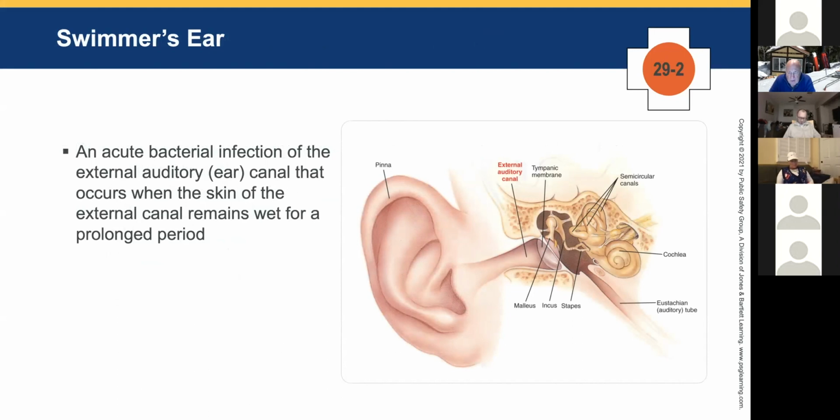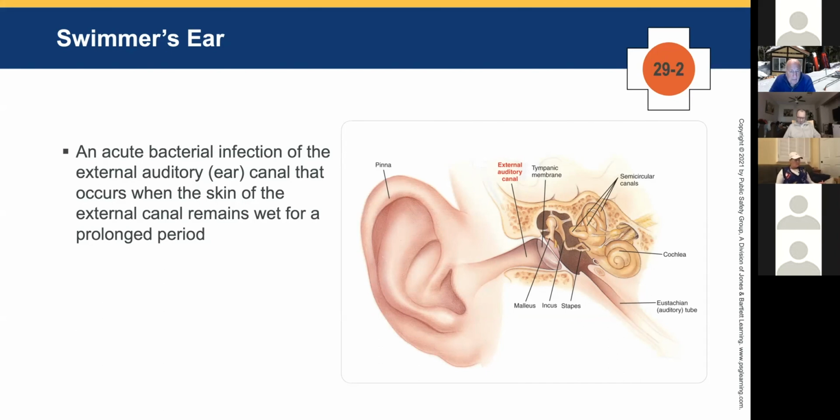What do you do about the bends? Well, basically, what they have to do is get the person to a decompression chamber. They put them in a tank, increase the pressure, get the bubbles to dissolve in the blood, and gradually bring them back to normal.